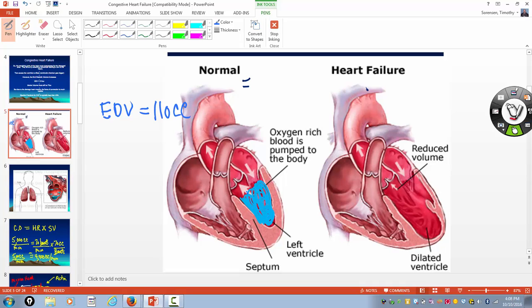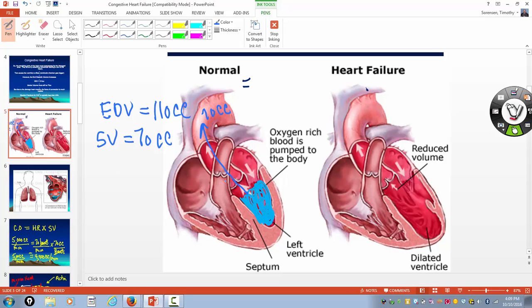Now, how much blood at rest do we eject with a normal left ventricle? We eject about 70 cc's. So our stroke volume is 70 cc's, or the amount of blood ejected with each beat. So there's going to be a certain amount of blood left over. We haven't pumped out all of that blood.